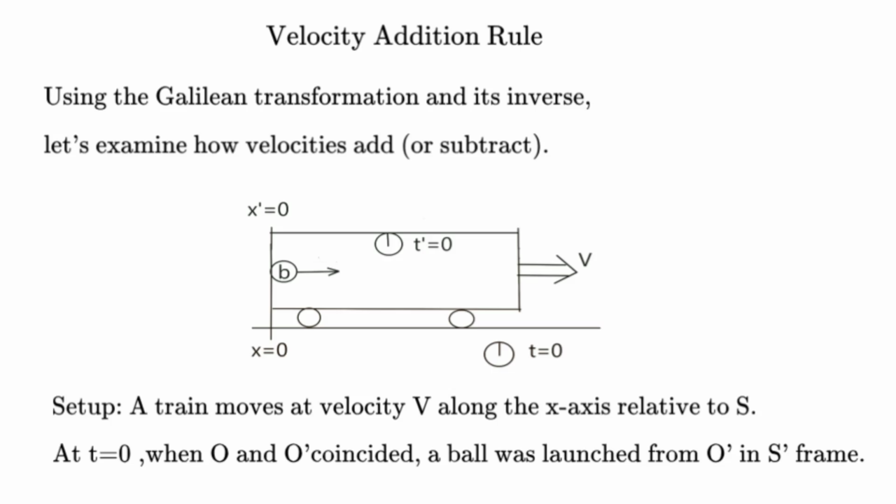Velocity addition rule. Using the Galilean transformation and its inverse, let's examine how velocities add or subtract. Setup. A train moves at velocity v along the x-axis relative to S. At t equals 0, when O and O prime coincided, a ball was launched from O prime in the S prime frame.